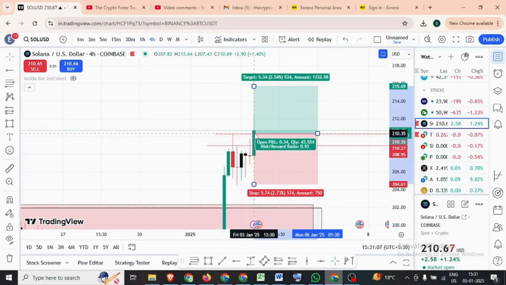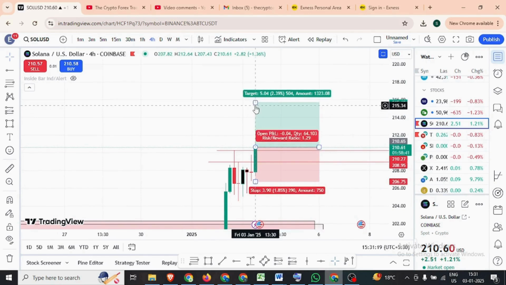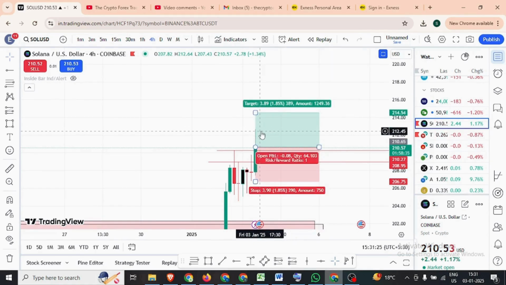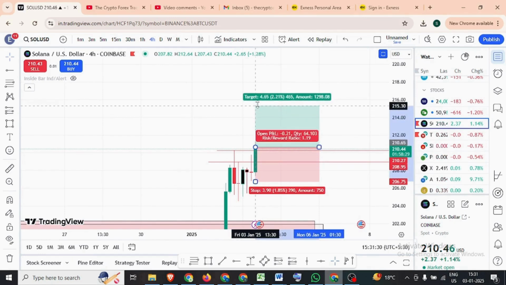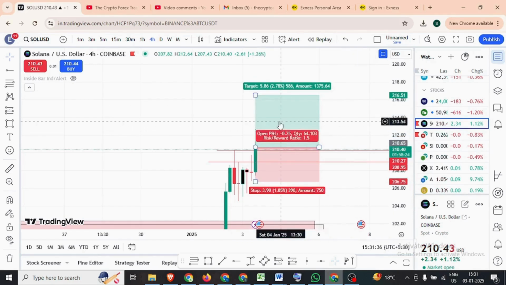Those who want to take entry into this trade can enter here as well. If you enter here, you can place your stop loss below this candle. Now you can hold this trade for 1 to 1 as your first target, then hold your trade for 1 to 1.5. Make sure you book your quantity at 1 to 1. It depends on you whether you book 50% quantity or full quantity at 1 to 1.